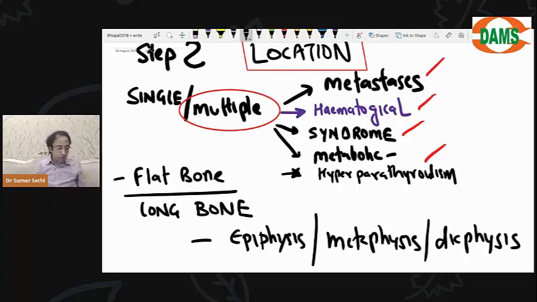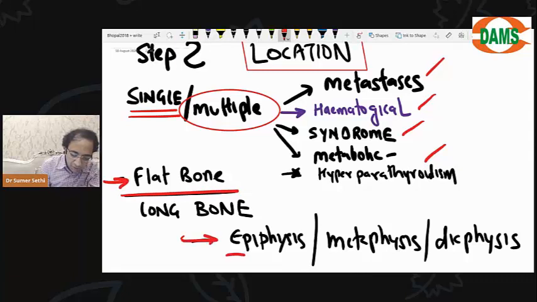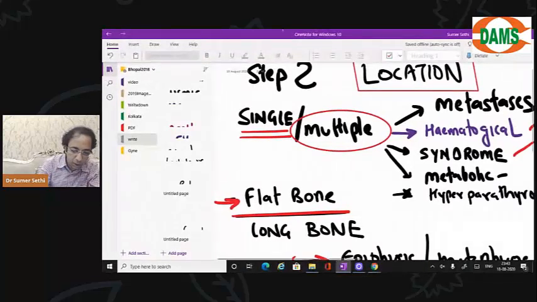So these are the questions that we need to answer. We need to know, am I looking at a bone lesion? Is it a single lesion or multiple lesions? Is it a flat bone lesion or a long bone lesion? Is it epiphyseal, metaphyseal or diaphyseal? This will help me to solve the puzzle that we are looking at.